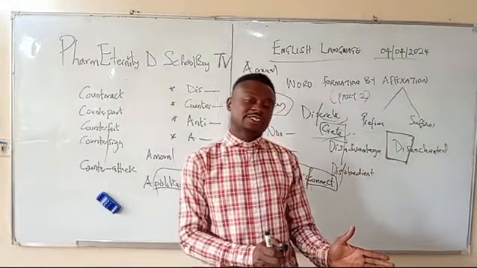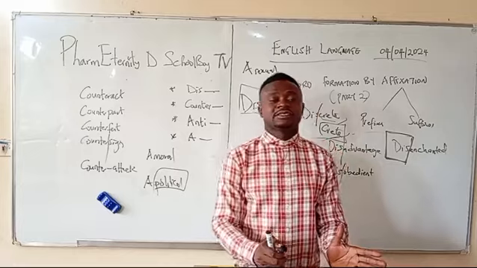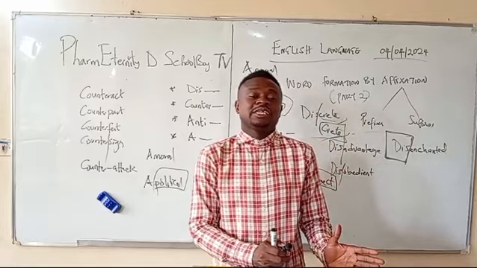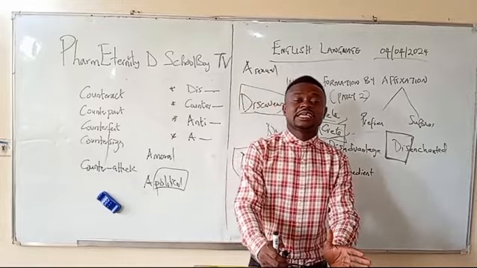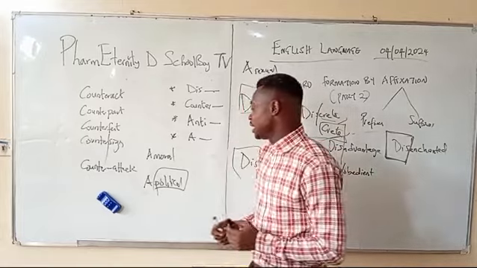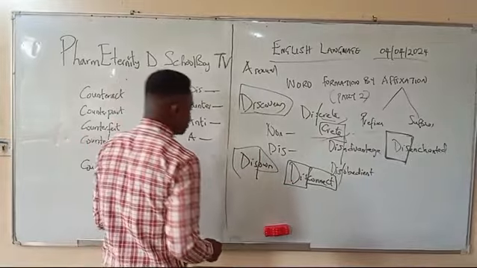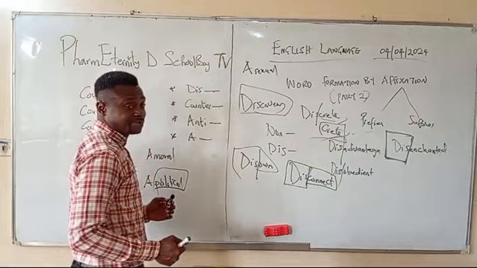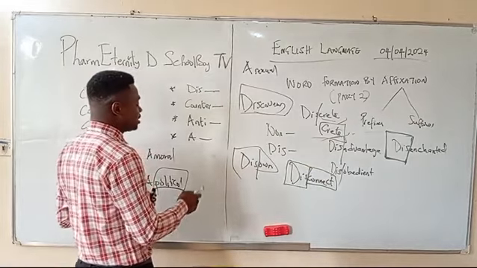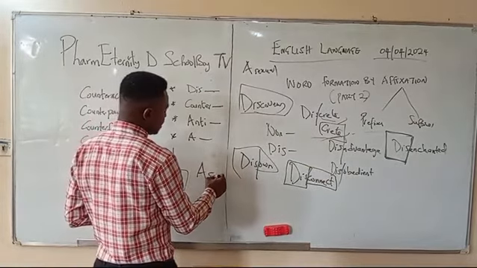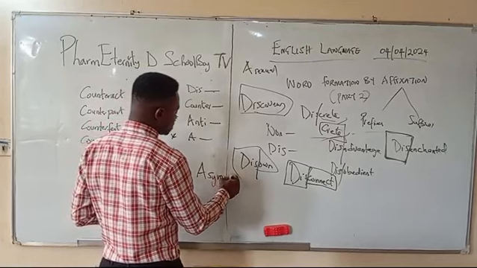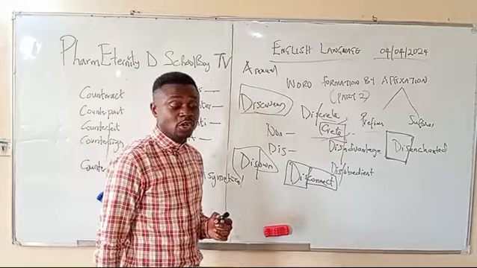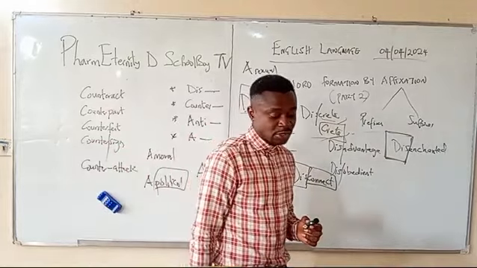Okay. Asymmetry. When a particular body description is asymmetrical. It can be symmetrical, it can also be asymmetrical. When it is asymmetrical, what it means is that it is not symmetrical. Remember, I said that A can also mean not.